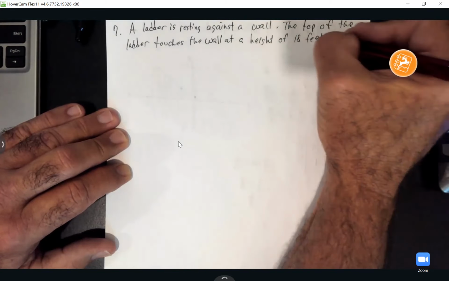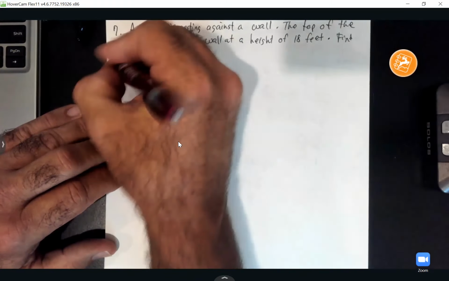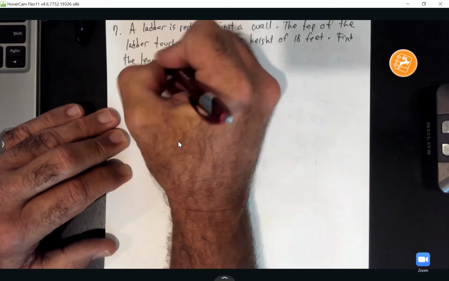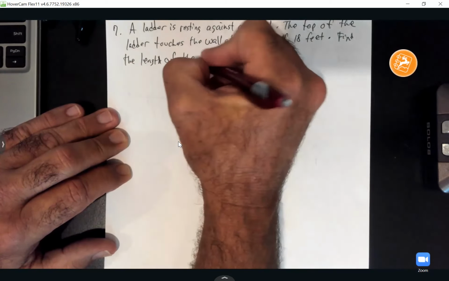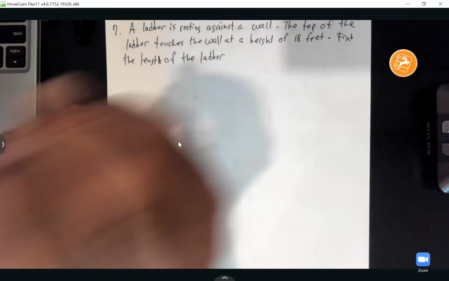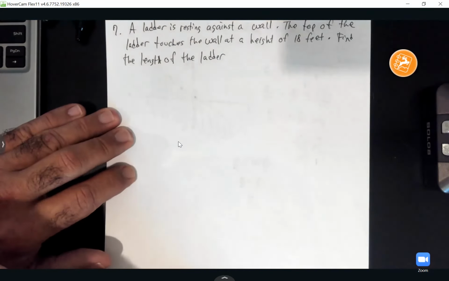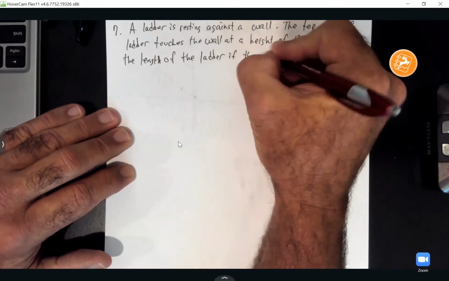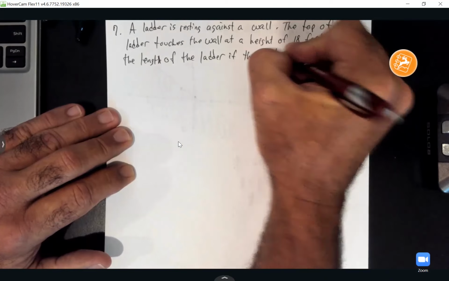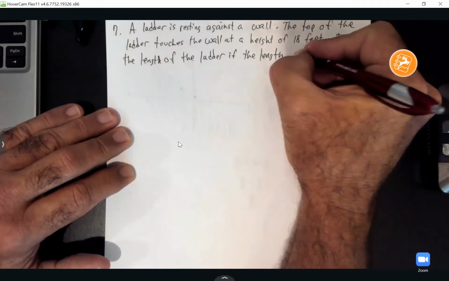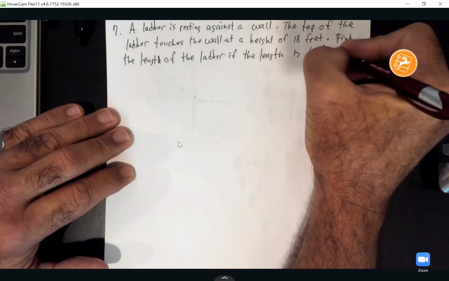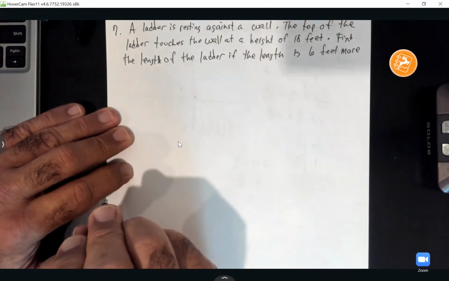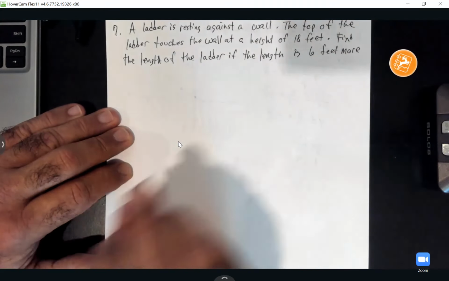So they want me to find the length of the ladder if the length is 6 feet more than its distance from the wall.